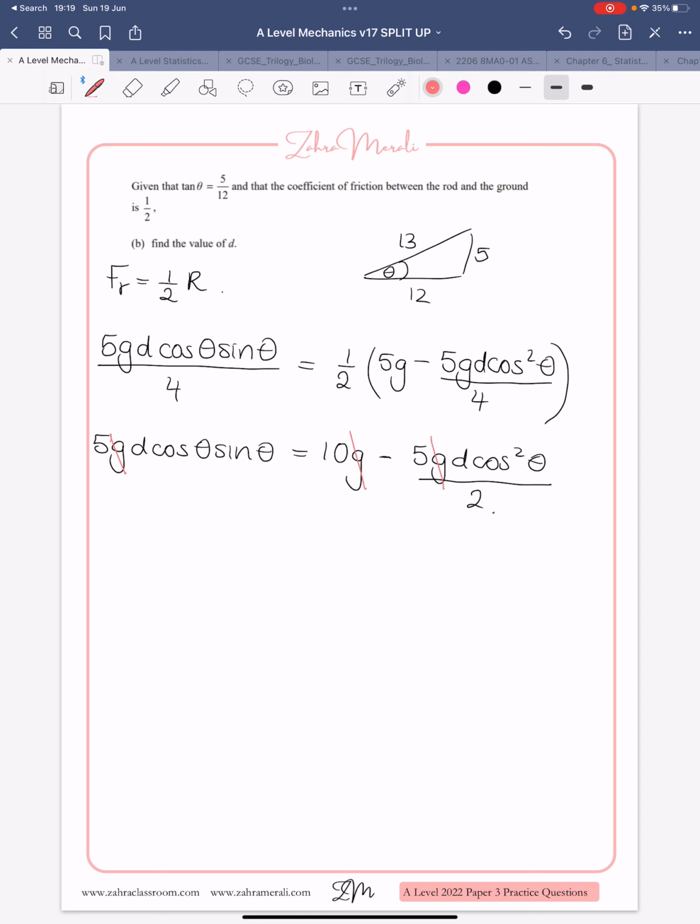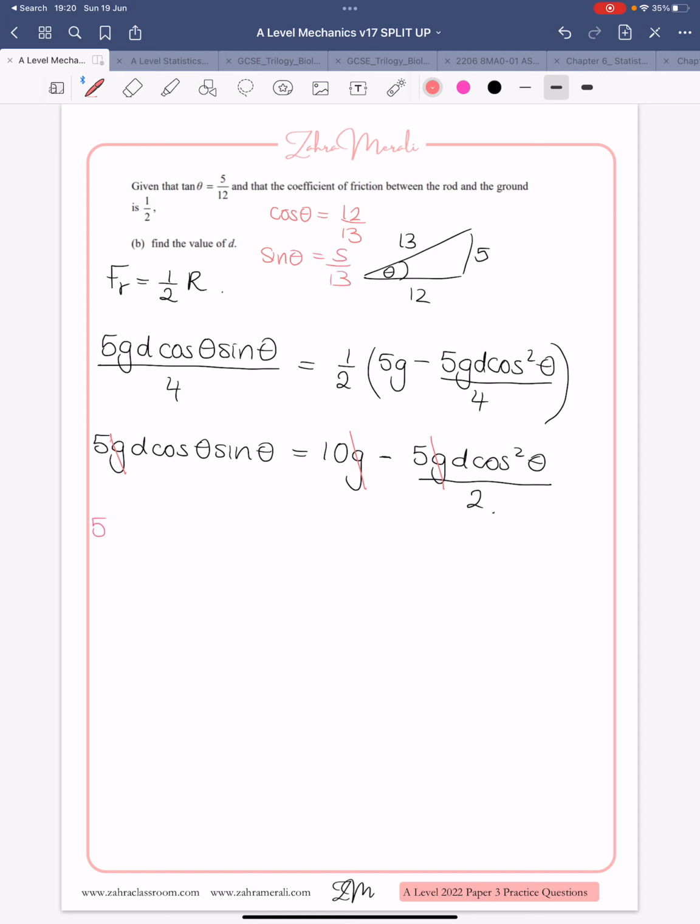It's probably easier. So if I replace everywhere that I have, so remember tan theta is 5/12. So everywhere there's a cos theta, I can replace it with 12/13 and sine theta with 5/13.